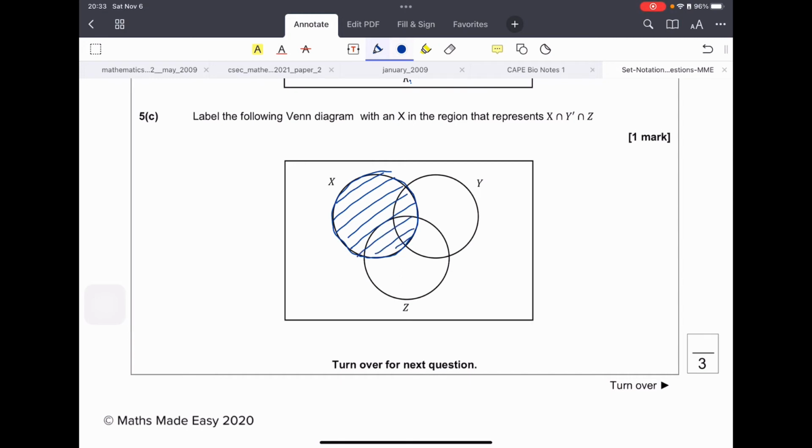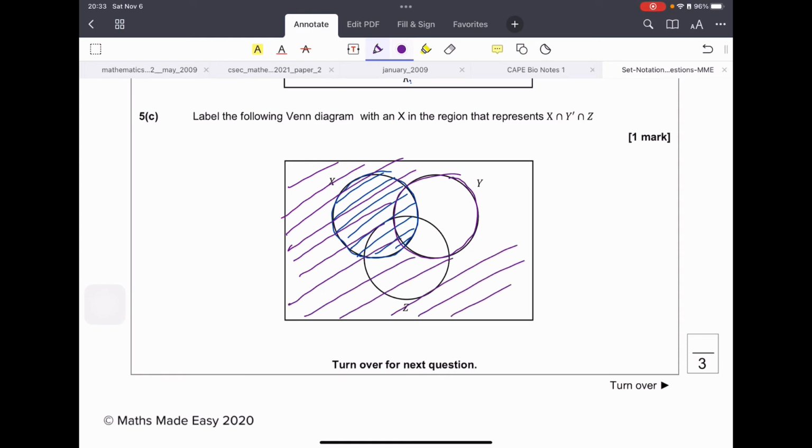Happy about that. Now we are going to intersect Y prime. Y prime is everything that is not in Y. So we're talking about everything here. Anything that is not in this purple circle here. So all of these things belong to Y prime. Alright, everything out of that Y circle, Y prime.